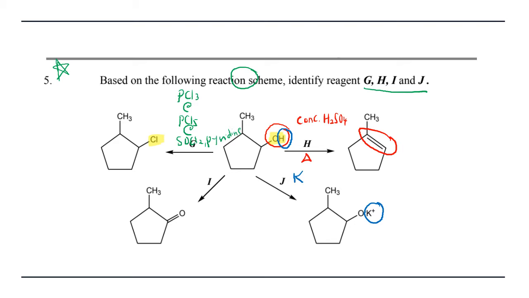And for I, from the secondary alcohol, you will notice that now it becomes a ketone, C double bond O. So this is an oxidation process. If this is the oxidation process, we can use hot acidified KMnO4. Okay, so that's all for this question.